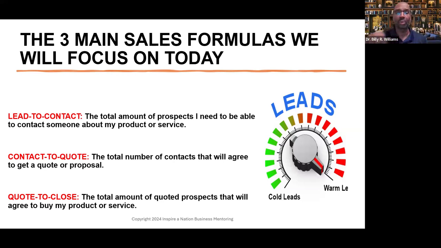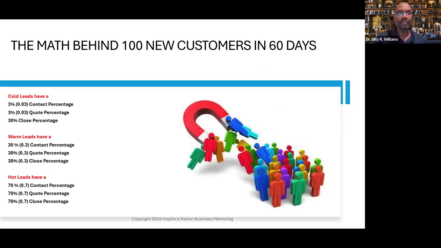This is the total number of contacts that will agree to get a quote or a proposal. Then there's quote to close. This is the total number of quoted prospects that will agree to buy my product or service. So: lead to contact, contact to quote, and quote to close.